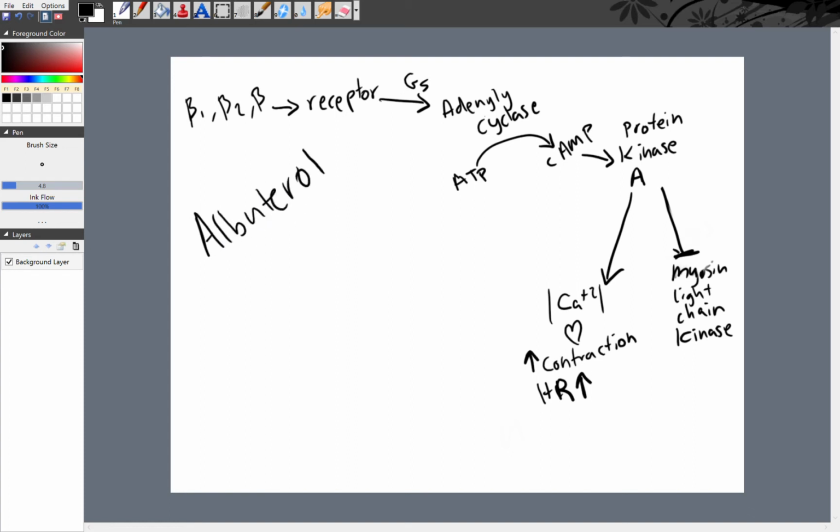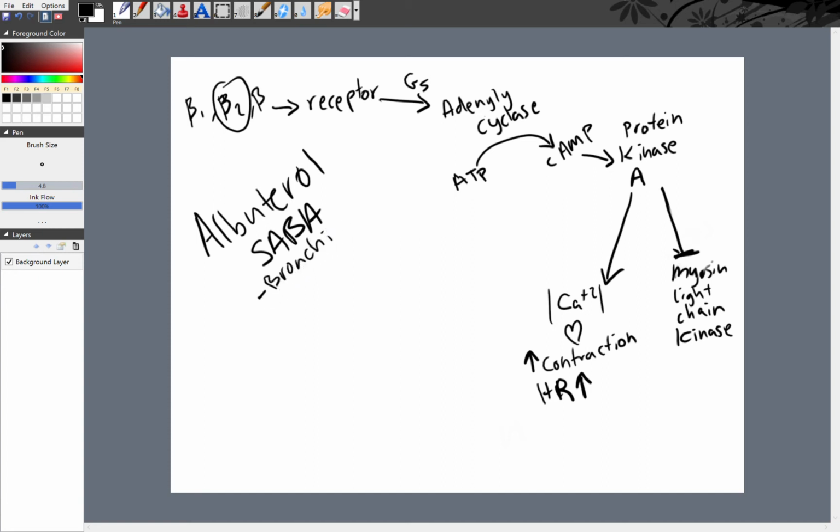Albuterol, is it a SABA or a LABA? It's a SABA, a short-acting beta-2 agonist. So which of these is it acting on? It's acting on beta-2. So beta-2 acts in the bronchi.